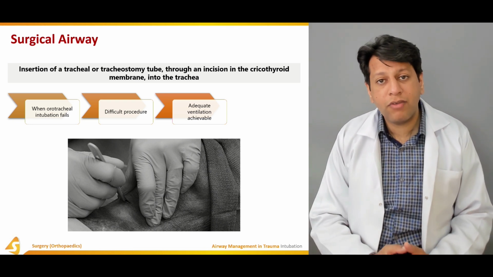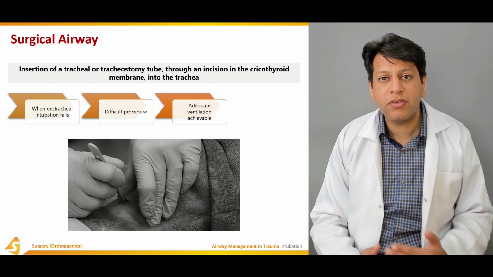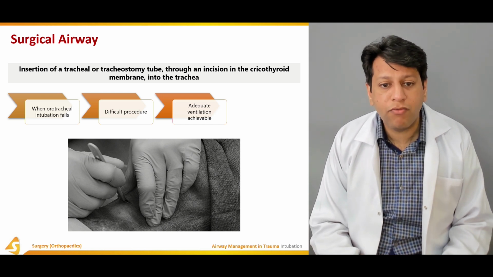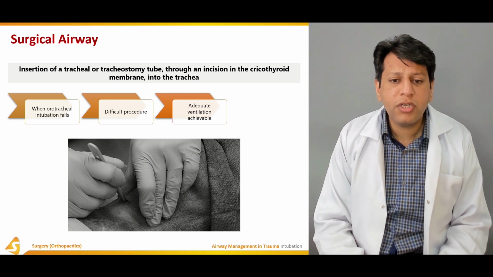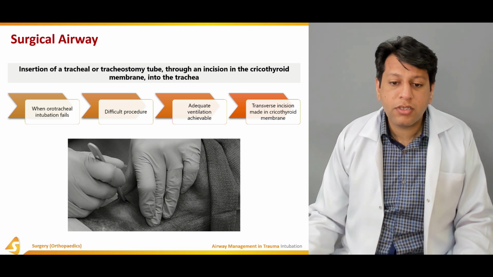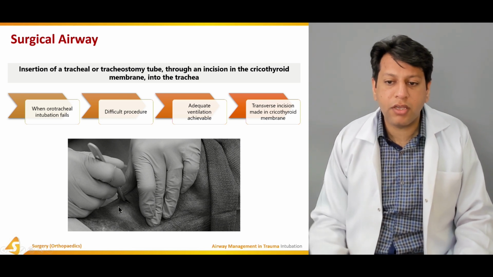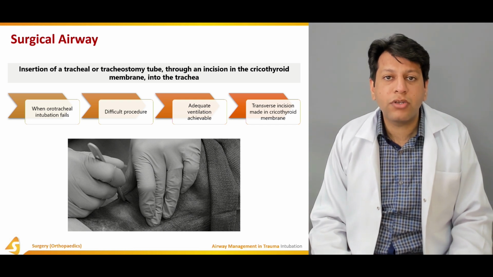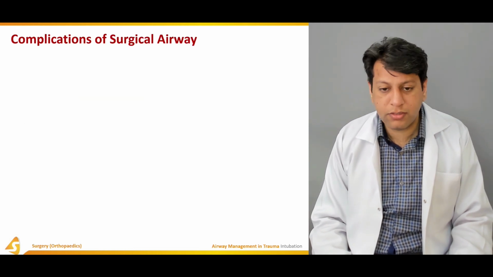Therefore, we bridge with needle cricothyrotomy to give us enough time that we eventually go for surgical airway, which could be in form of tracheostomy tube or tracheotomy. And a transverse incision, as you can appreciate over here, can be given in the cricothyroid membrane so that a tube can be inserted directly into the trachea for adequate ventilation.